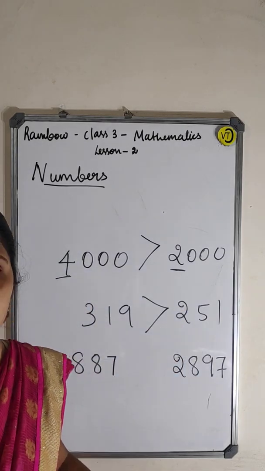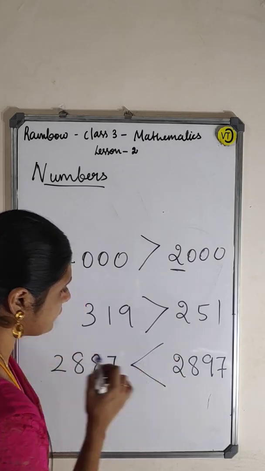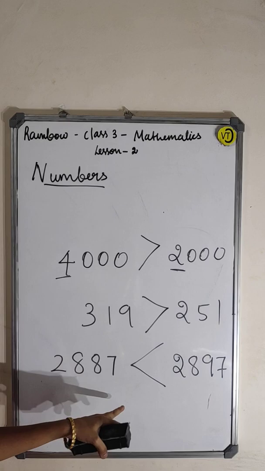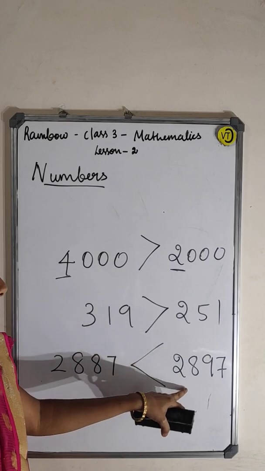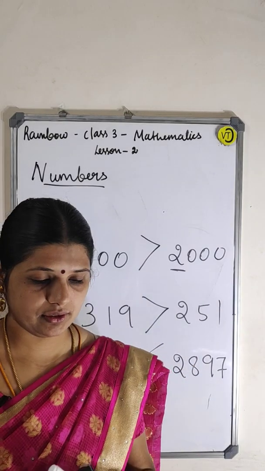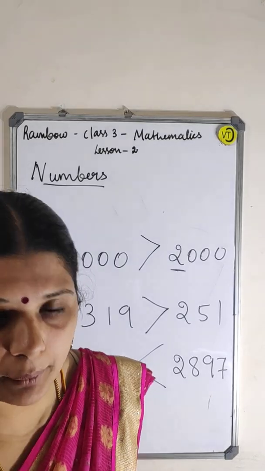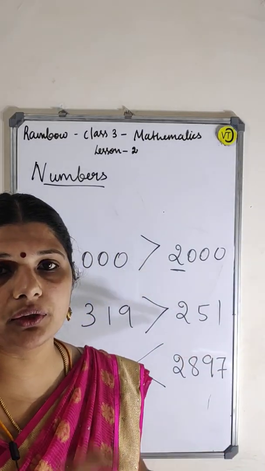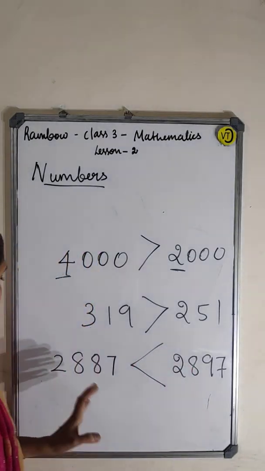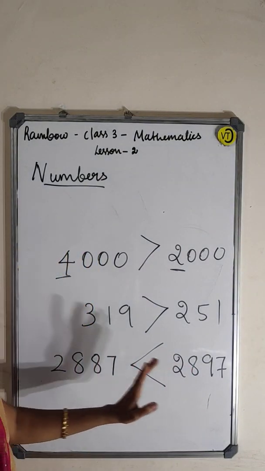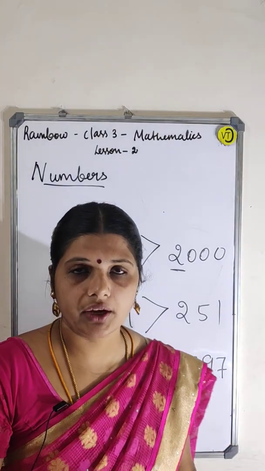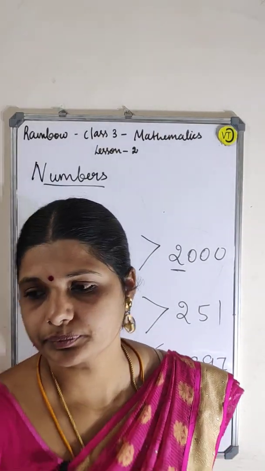Here I am concluding this 9 is bigger. So 2887 is less than 2897. So you can conclude by comparing each and every place value from the leftmost one. Here first the leftmost 2, 2, then 8, 8, then 8, 9. One by one you have to compare the numbers. Okay.